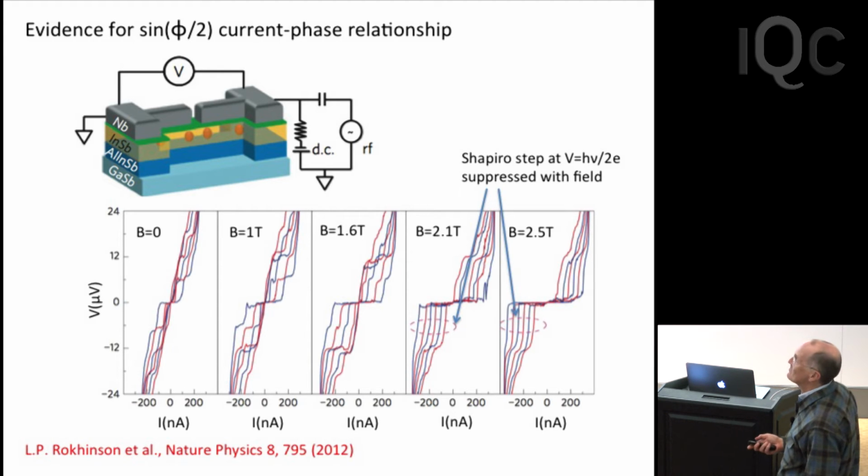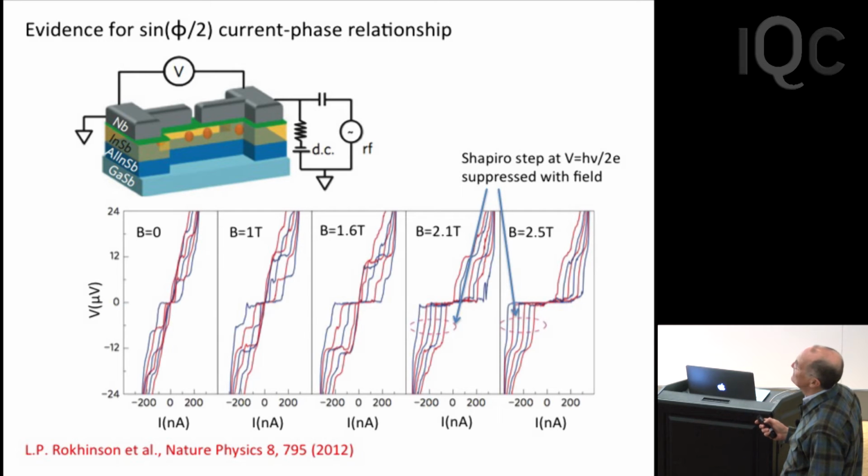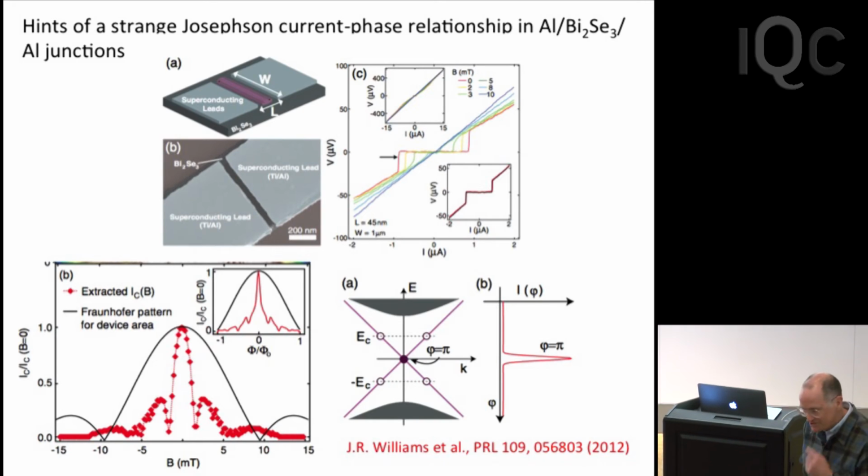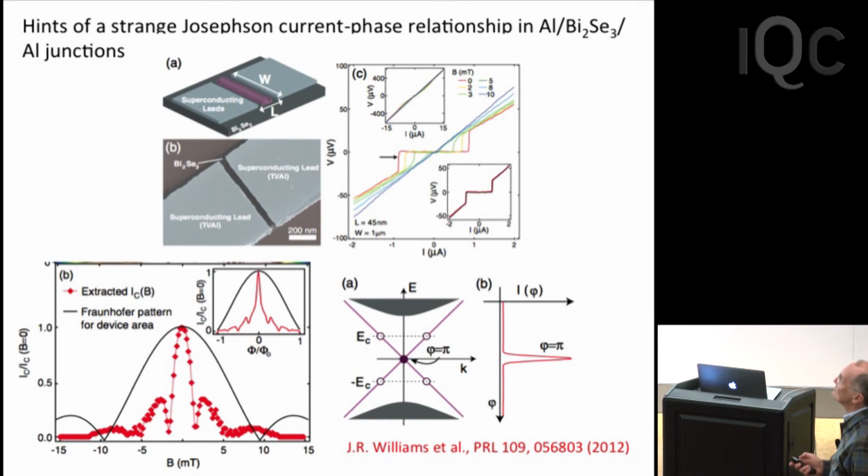If you apply microwaves to it, you get the AC Josephson effect, which should give you steps not only at integer multiples of h nu over e, but also half-integer multiples if you have these Majorana bound states. And these half-integer steps can be suppressed by applying a magnetic field.